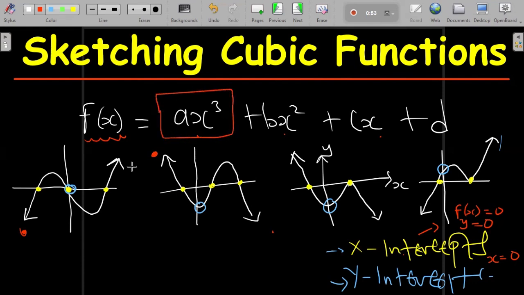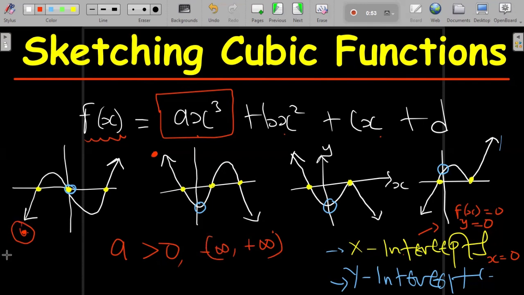If your a is greater than 0, it means your graph should start from down here. You are starting from minus infinity and going to positive infinity like that.